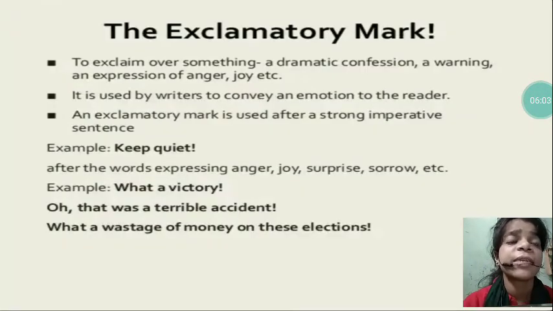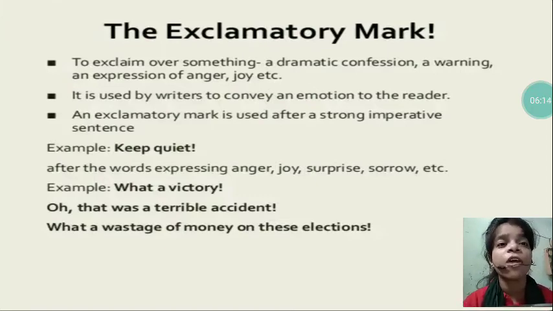Next one is exclamation mark. We use an exclamation mark when we have to express any kind of feeling: sadness, anger, joy, happiness, fear, any kind. So you can simply understand that we use an exclamation mark with exclamatory sentences, like: Keep quiet!